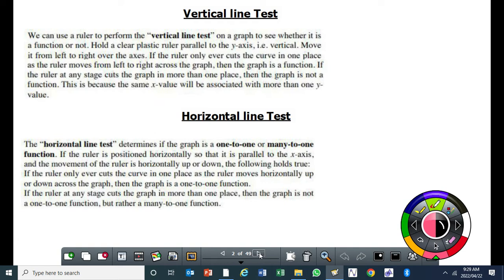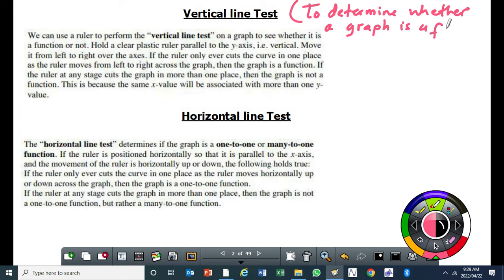So let's start with the vertical line test. This is the one which we use to determine whether a graph is a function.